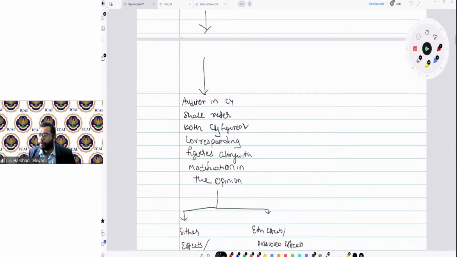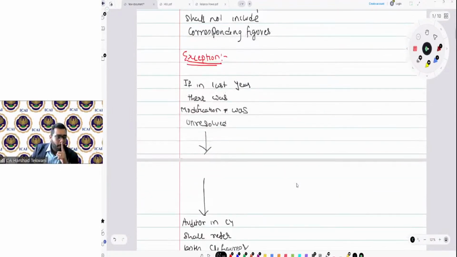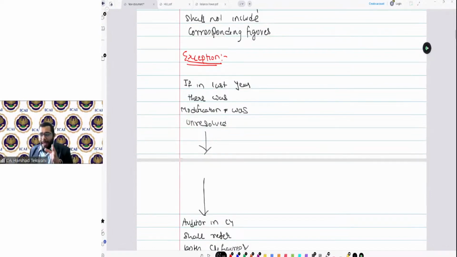Okay. If no doubt, then there is one more exception. We were talking about when my audit report had a modification last year which was unresolved. What if there was no modification and still there was a misstatement which I identified in the current year? Means there was a misstatement, but that was not identified in the previous year audit report, but it is identified now.